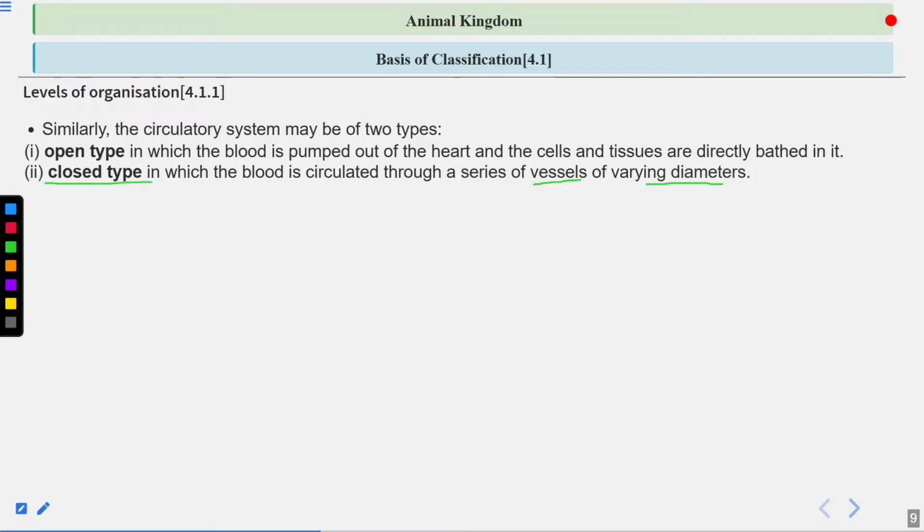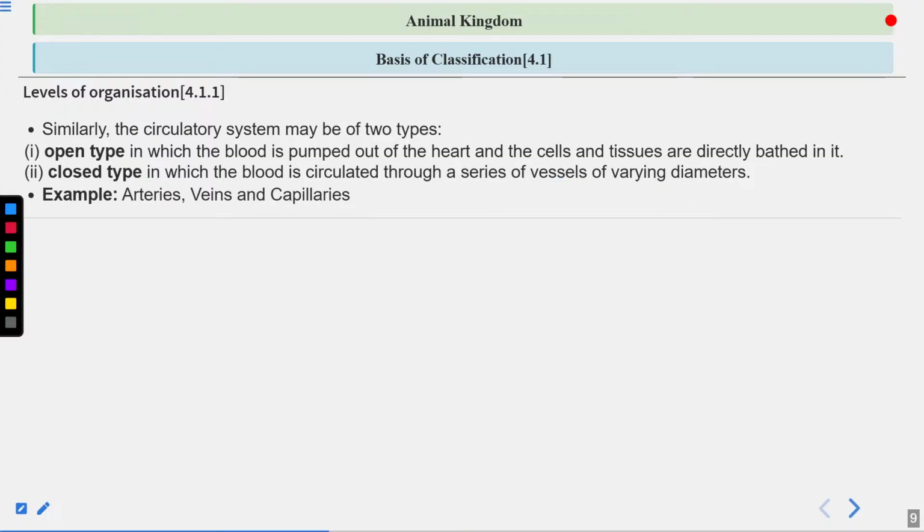Yes, annelida and the chordates have the closed circulatory system. Though annelida is a lower grade of organism than arthropoda, for the circulatory system it is more advanced than arthropoda. So it is very important to understand the open type and closed type of circulatory system.